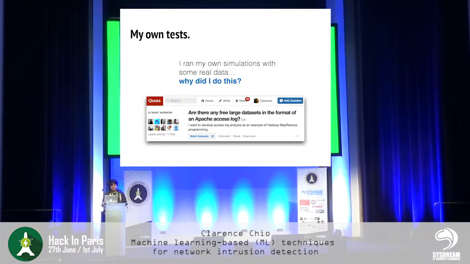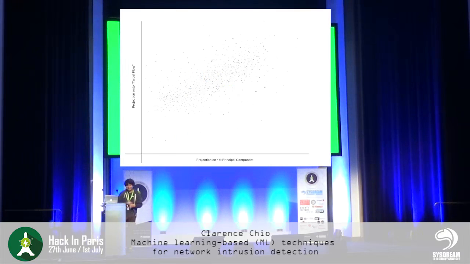So running my own tests, I just basically looked for a large amount of data sets. I didn't have a web server that had huge amounts of traffic, but I found some. And so basically I did PCA on it. I'm not sure if it's clear, but this is the cloud of points that I plotted out using PCA on the first principal component.